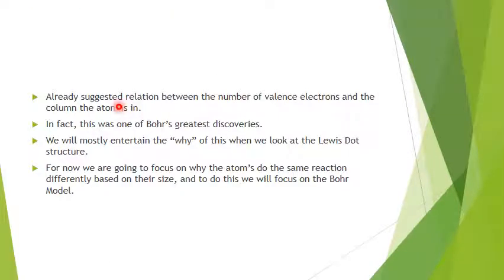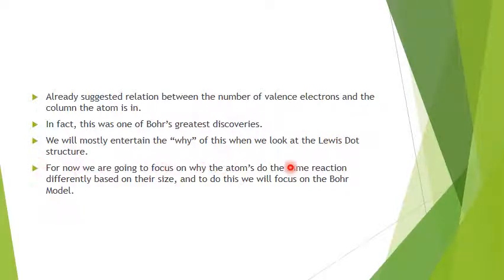It's already been suggested in the last PowerPoints that the number of valence electrons is related to the column it's in, and in fact that's one of Bohr's greatest discoveries, that relationship. We will look at the Lewis dot structures later to explain why the valence electrons are related to chemical structure.